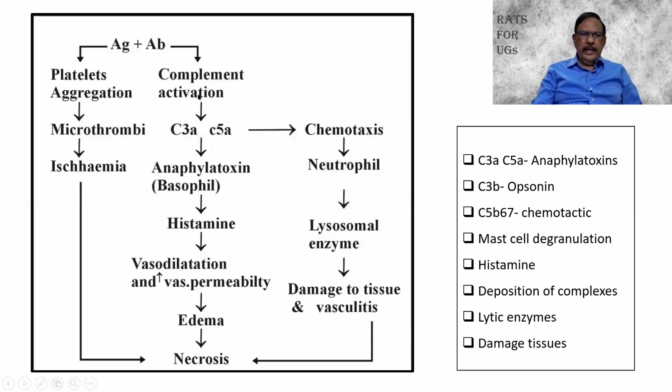Look at this once again. So there is an antigen and antibody. It precipitates the platelets. There is a microthrombi, which can lead to ischemia and necrosis. This is one part of the story. But the main part is it precipitates the complement C3a, C5a, which are anaphylatoxins, released by the basophil, and histamine leading to vasodilation, and there is an edema and probably even necrosis.